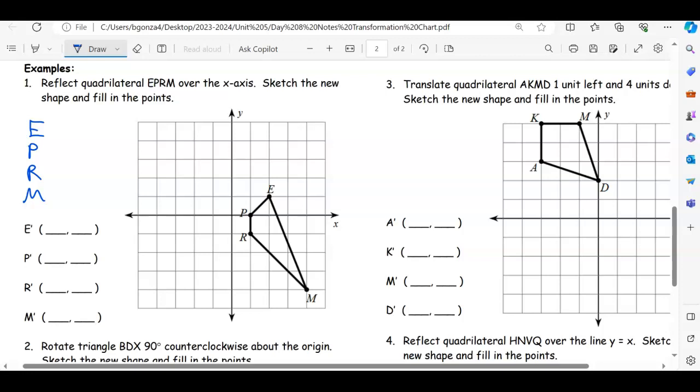And now you go up and down, up 1, right? So what's the coordinates of E? So this is positive 2, and then positive 1. Because right is positive, up is positive. Okay, positive 2, positive 1. Let's write that down.